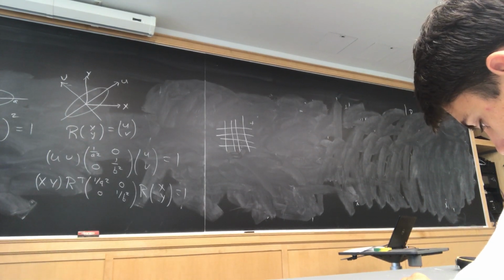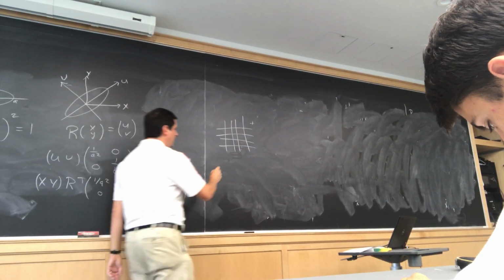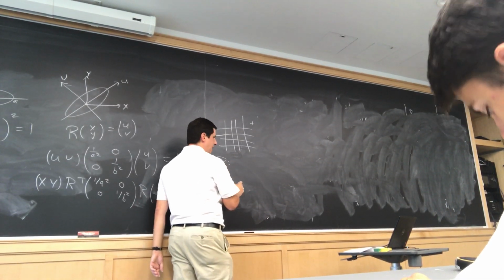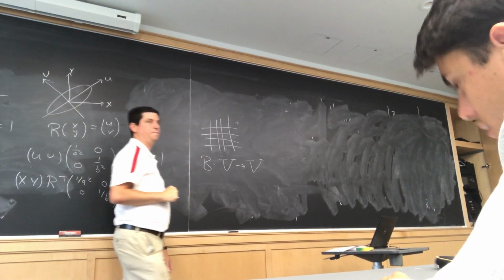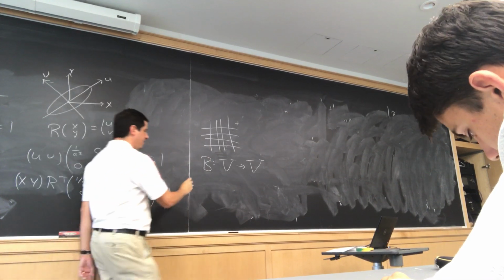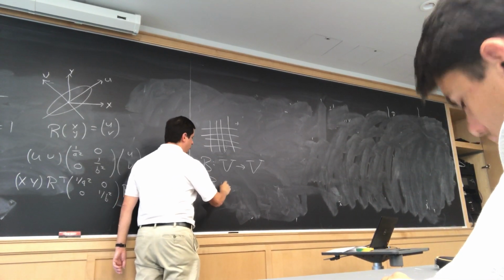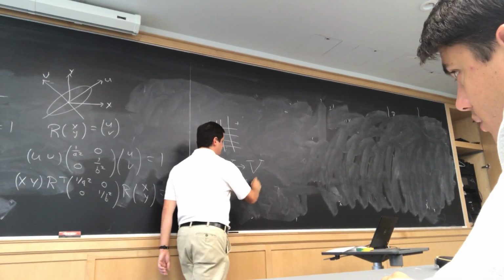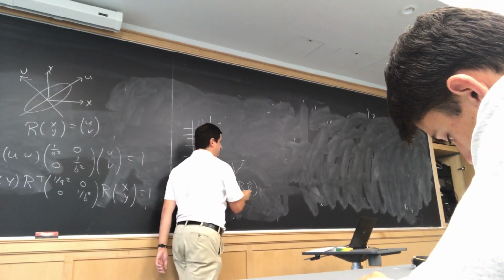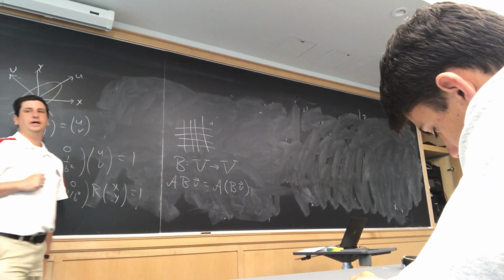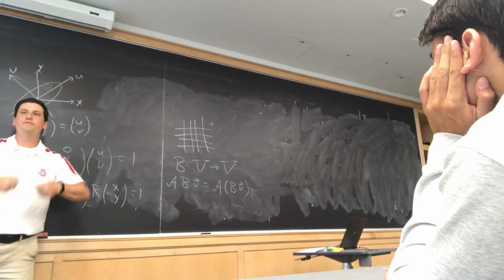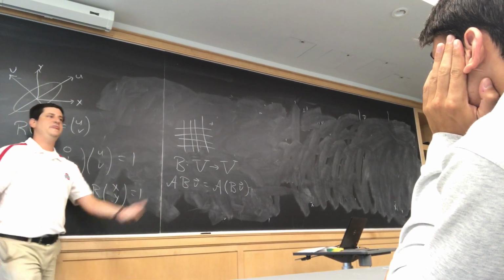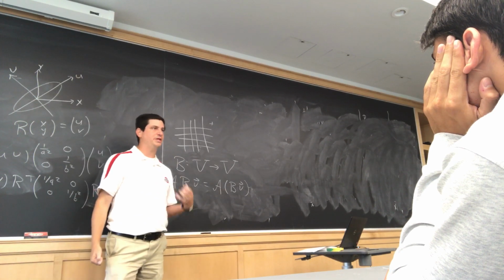Okay. When we are doing linear algebra, a matrix is a map from a vector space back to a vector space. And so if I have A, B acting on a vector V, I want this to be the same as A acting on the vector BV. And so I want some matrix C that's going to be the same as B followed by A. And that's where the definition of matrix multiplication comes from.